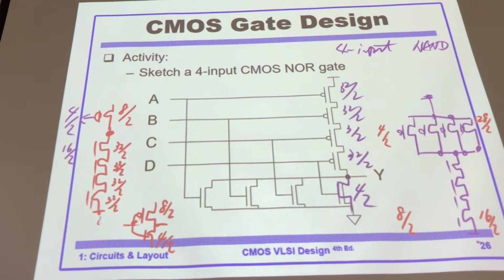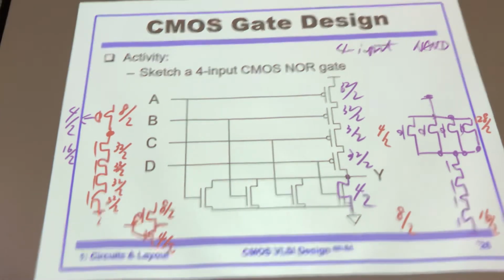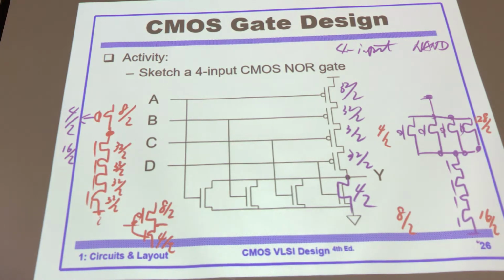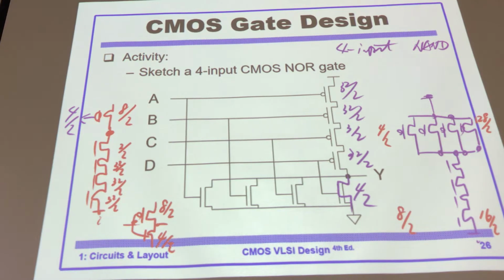Now make it 4 NMOS transistors connected in series. Keeping 8 over 2 the same, you should make it 4 times wider. I'm sorry, I wrote it wrong. It should be 16.